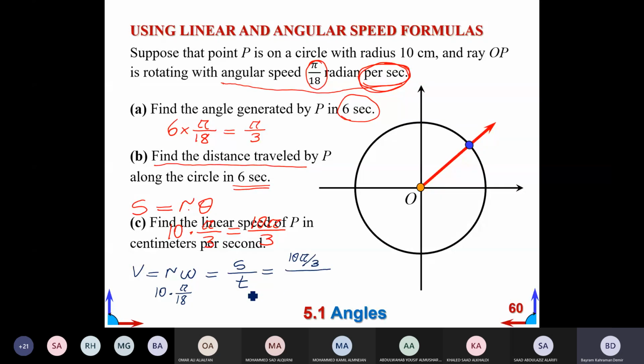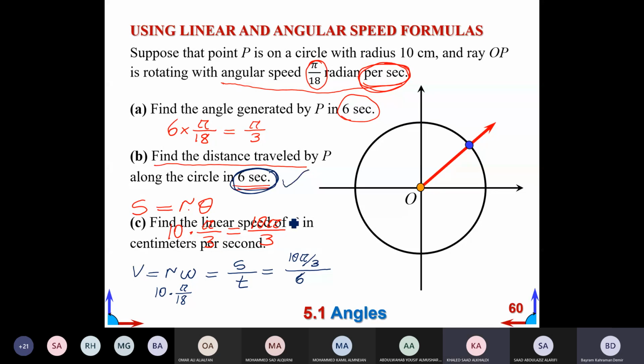And what is the time, Shabab? In 6 seconds, right? So it is traveling 10 pi over 3 centimeters in 6 seconds.